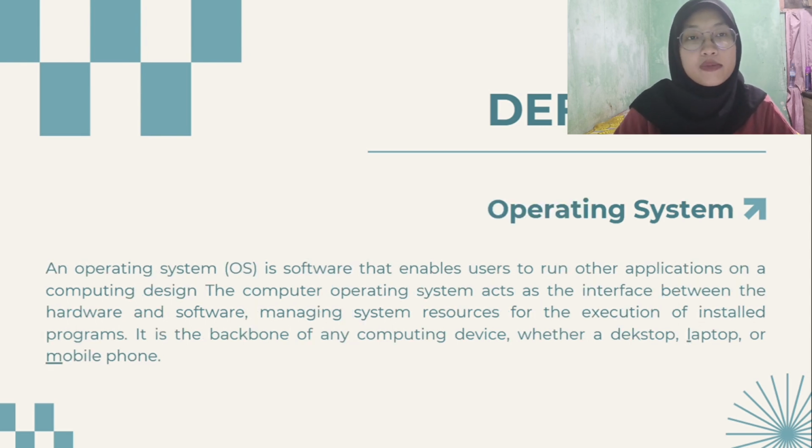An operating system, or OS, is software that enables users to run other applications on a computing device and acts as an interface between the hardware and software, managing the execution of installed programs.